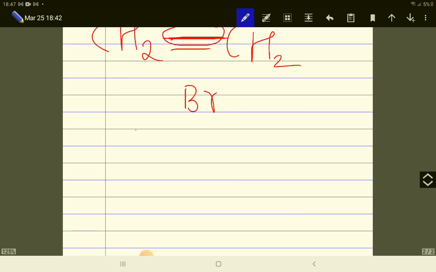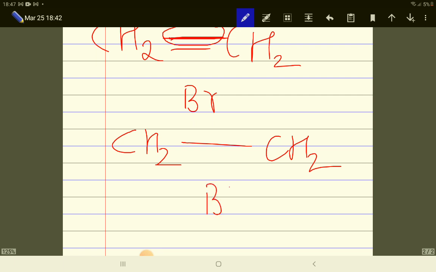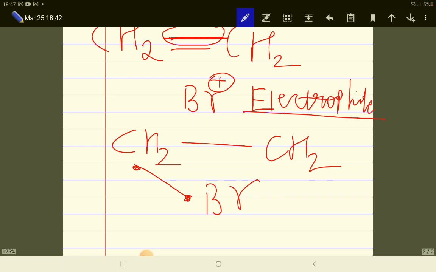So it looks just like this: CH2, single bond CH2, and the bromine will be here, and it will be getting its electrons. We already said that Br plus was electron deficient. It acted as an electrophile. Electrophile means electron deficient. Now you can see its electrons are fulfilled by the electrons coming from the pi bond.